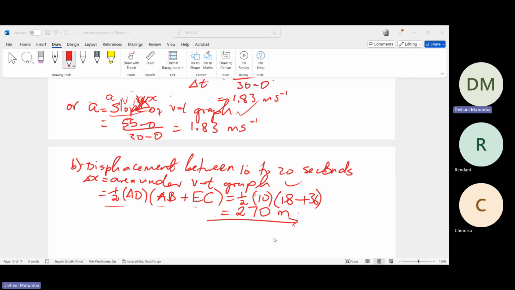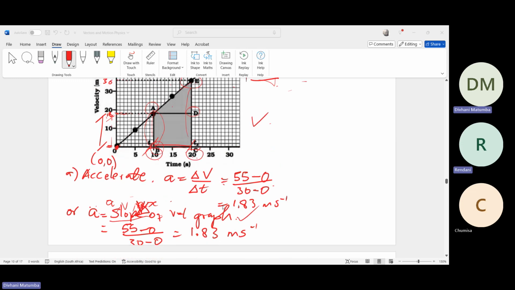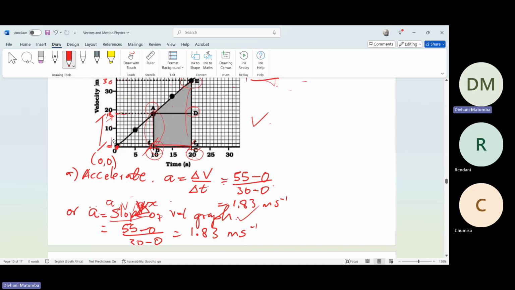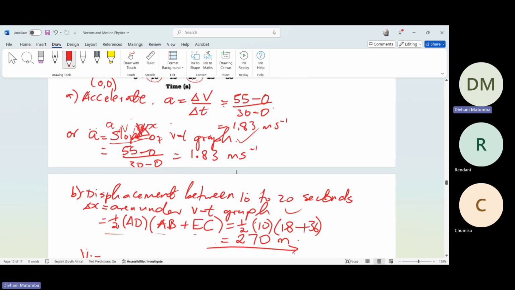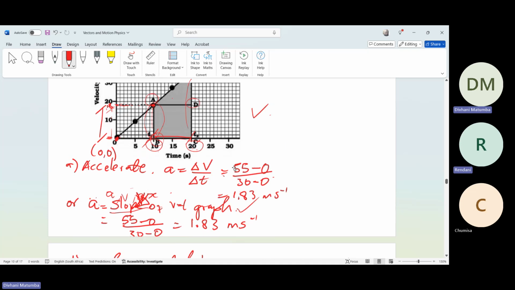Possibly you have tried to use the equation of motion, which is not a problem. Let us use the equation of motion. You have V initial, which at this point is 18 meters per second. You agree?